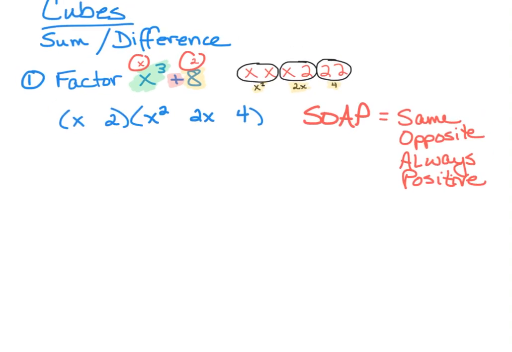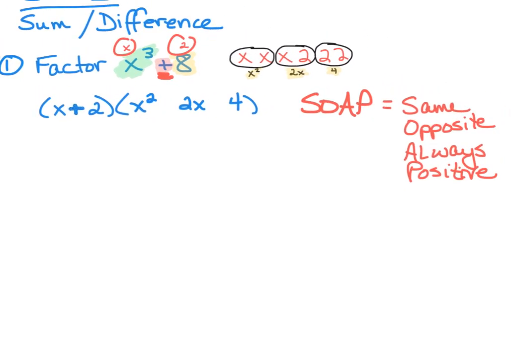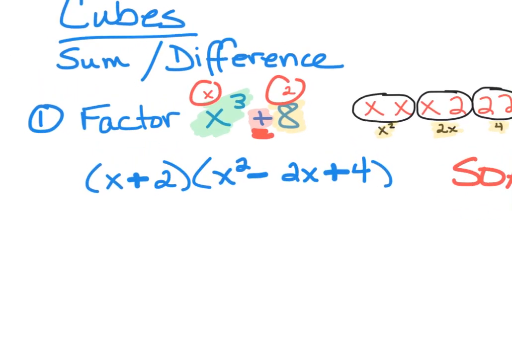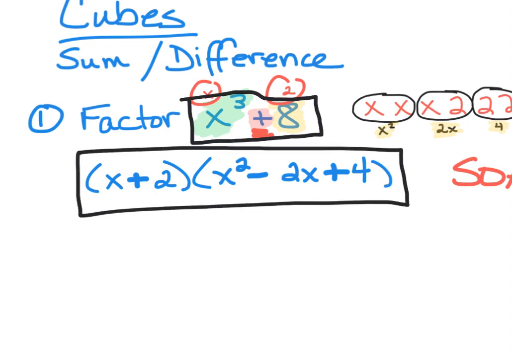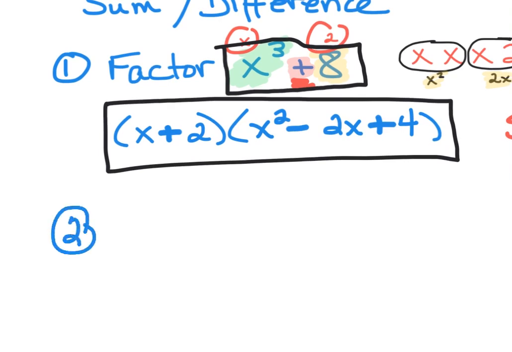I look at my plus sign here, and my first sign in my answer is going to be the same, plus. Then the next sign in my answer is going to be the opposite, minus, and the last sign in my answer is going to be always positive. So when I say factor x cubed plus 8, your answer is going to be x plus 2 times x squared minus 2x plus 4. So let's walk through another example, number 2.